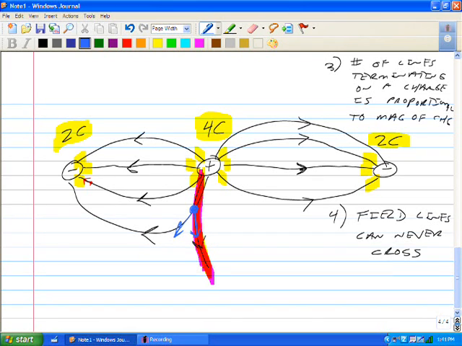No. So since there can't be 2 options for the same test charge, there can never be an intersection of field lines, because that would mean there's 2 choices of the direction that positive charge could be pushed.